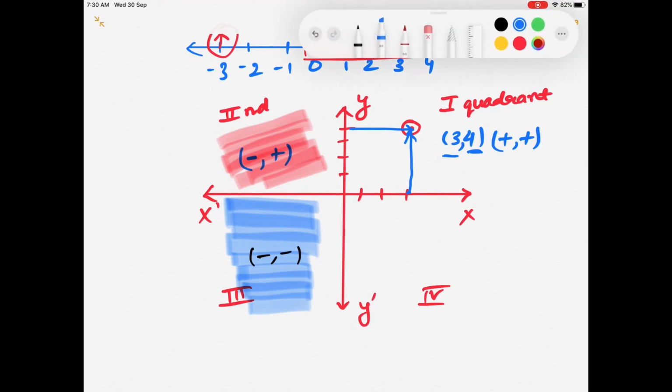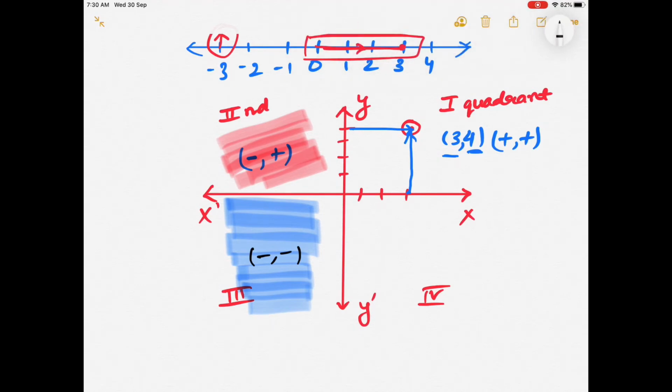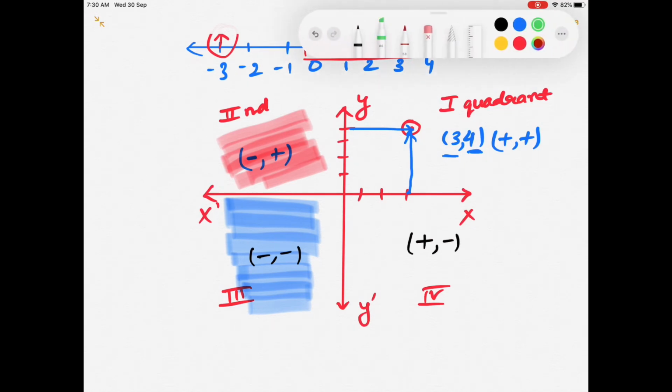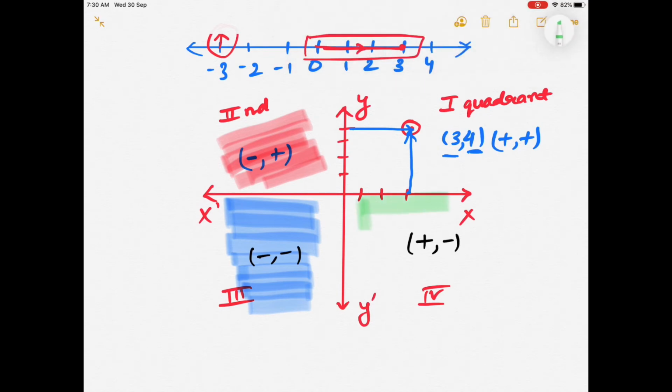And in the fourth quadrant x will be positive and y will be negative. So can we say that all the points lying in this area will be (positive, negative)? We have to assume the position of the point on the basis of these four quadrants so that we can solve our questions easily. We have to remember these markings.